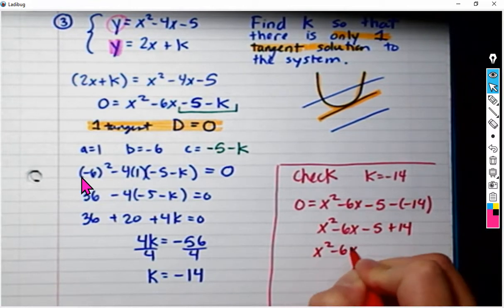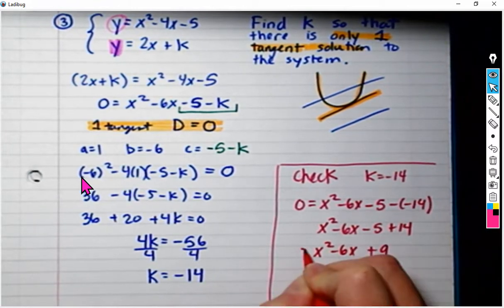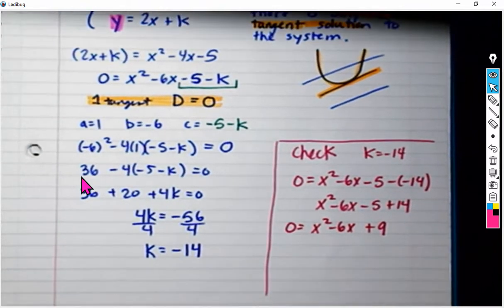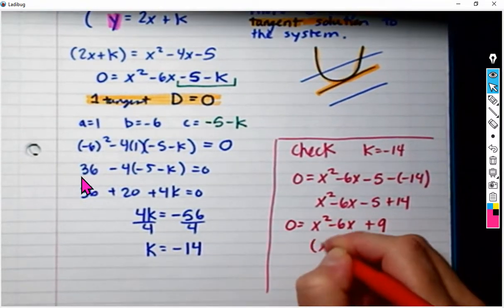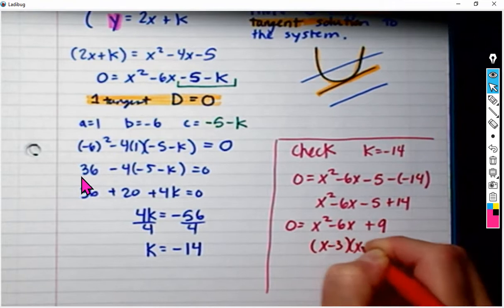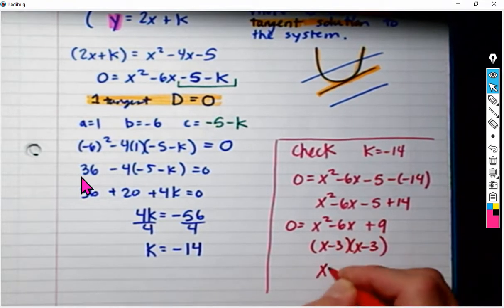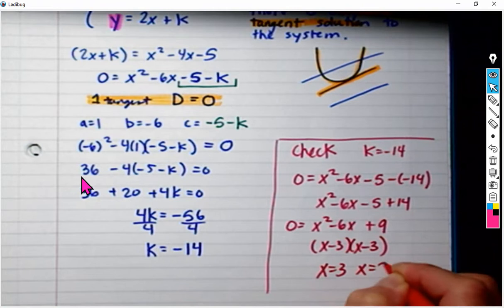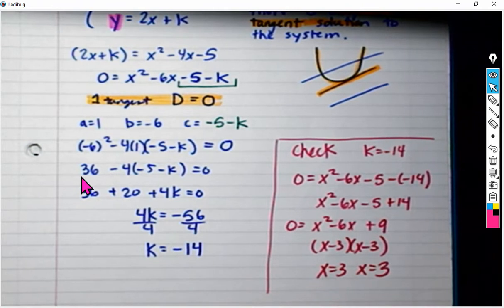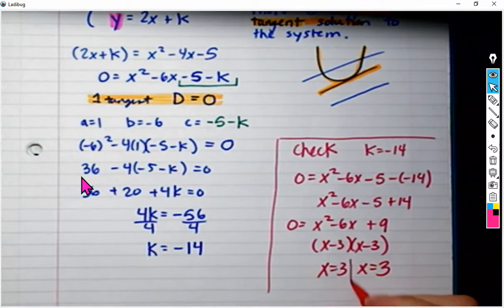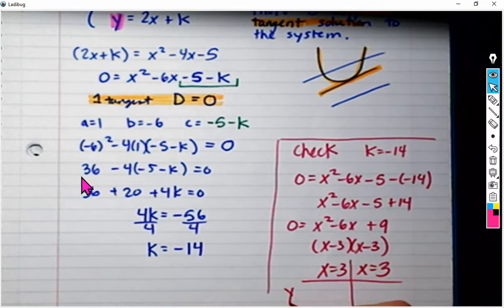Oh, I see it. How do you get one double solution? You get the same factor twice. 3, 3, that's it.